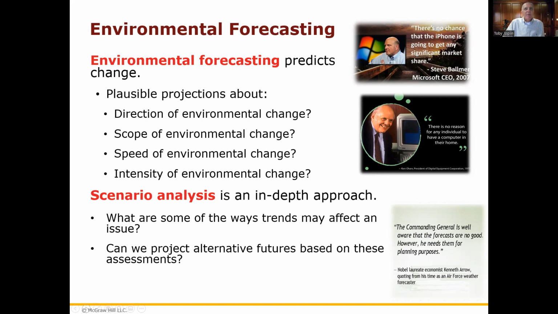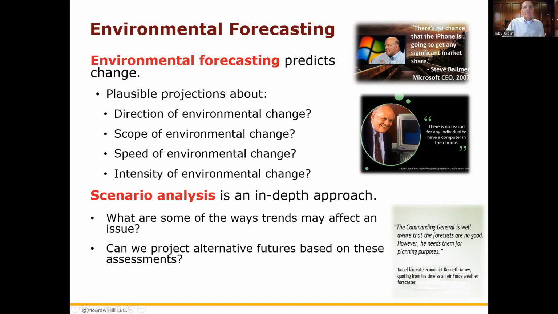And just as a couple examples here on this slide of guys who were really smart, who ran huge companies that were very successful at the time, who were completely wrong about their forecast. Steve Ballmer, who was the CEO of Microsoft, said there's no chance that the iPhone is going to get any significant market share. And yet, most of you watching this video probably have an iPhone in your pocket right now.